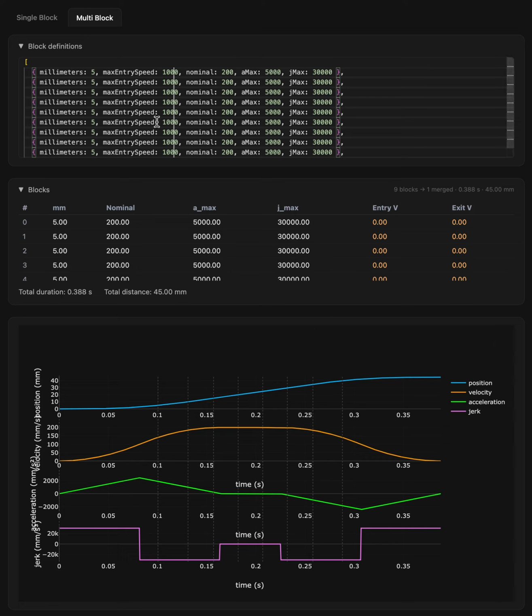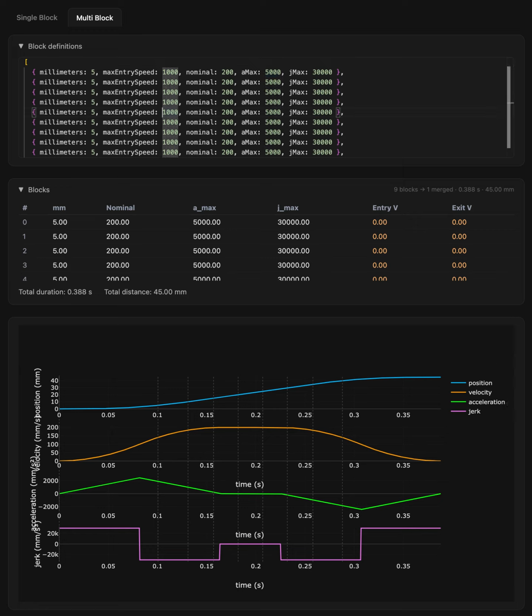So what the planner is doing is realizing that these blocks are kind of compatible because they have the same or very similar nominal speed and maximum acceleration. So it tries to treat them as a single block, back to back. Of course, this doesn't always work because this may end up exceeding the maximal junction speed of some blocks.